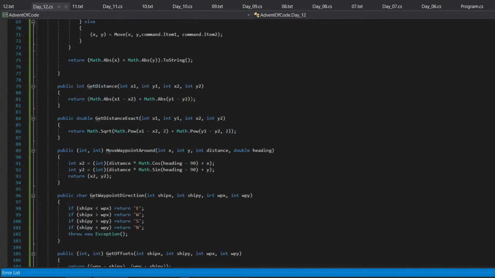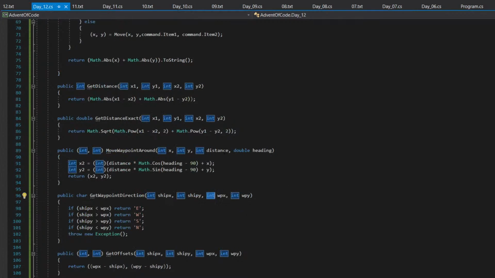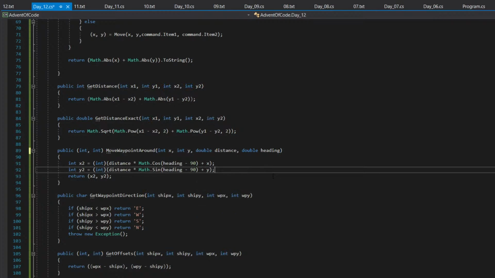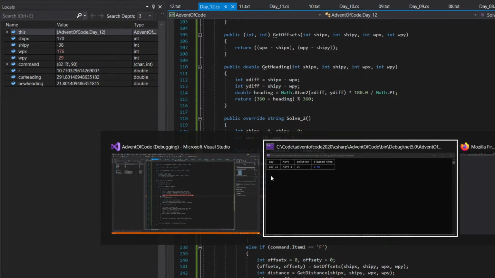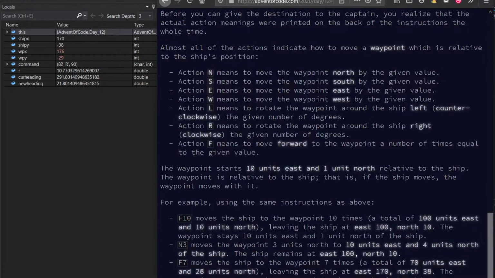Move waypoint around, change this to a double. 176 and 29. Yeah. This isn't working out.